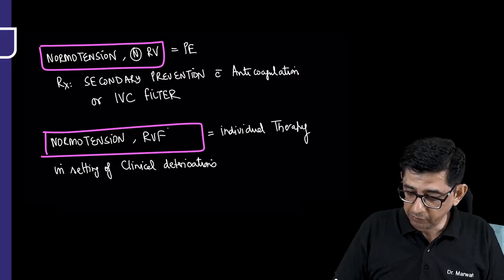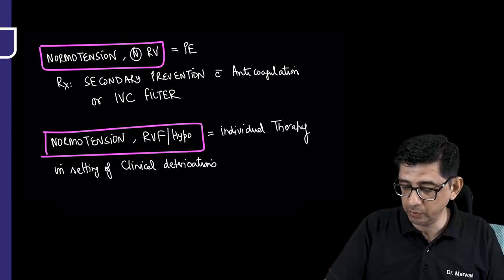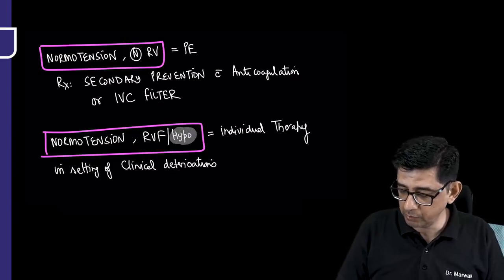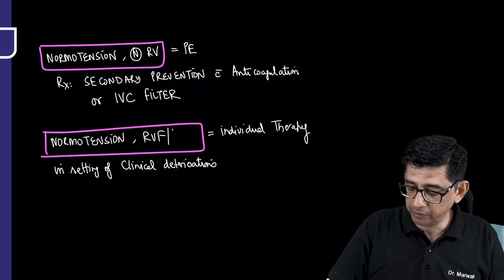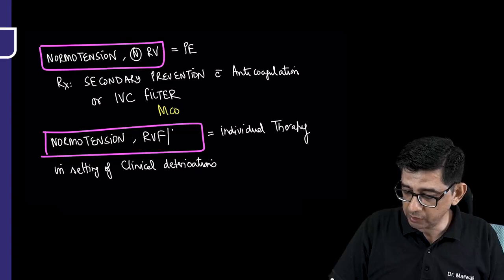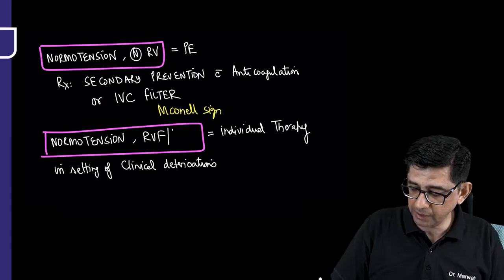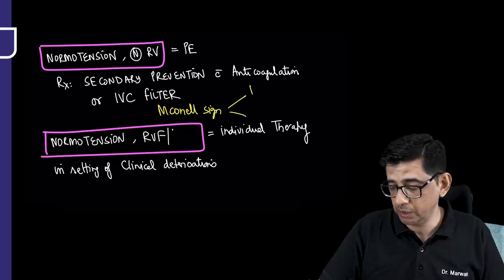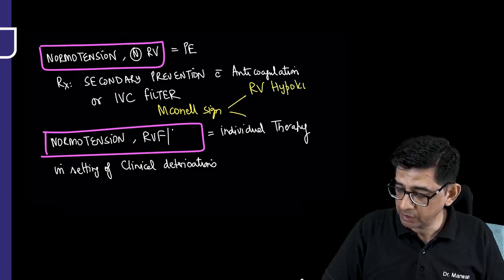But if there is a right ventricular failure, if there is a right ventricular hypokinesia that is documented, in fact, let me just speak about this hypokinesia component also. In the earlier part of our discussion, I have spoken regarding McConnell sign. I would like to touch upon this once again. McConnell sign basically means two things. It is right ventricular hypokinesia.